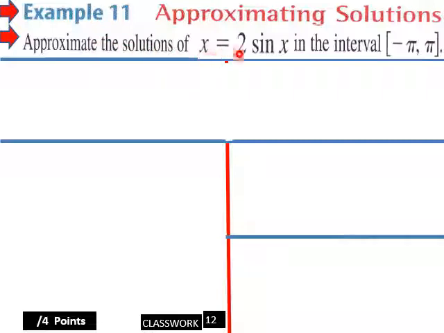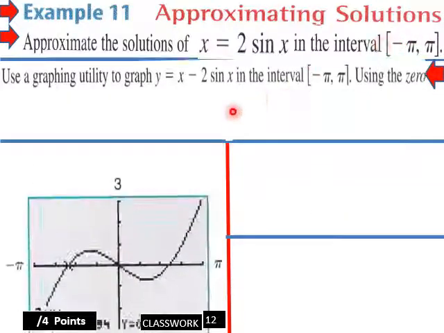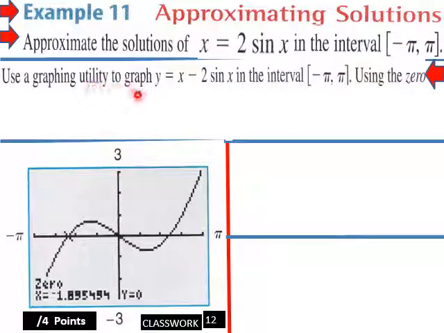Approximate solutions of x equals 2 sine x in the interval of negative pi and pi. So use a graphing calculator to graph y equals x minus 2 sine x in the interval negative pi and pi. So y equals x minus 2 sine x here.